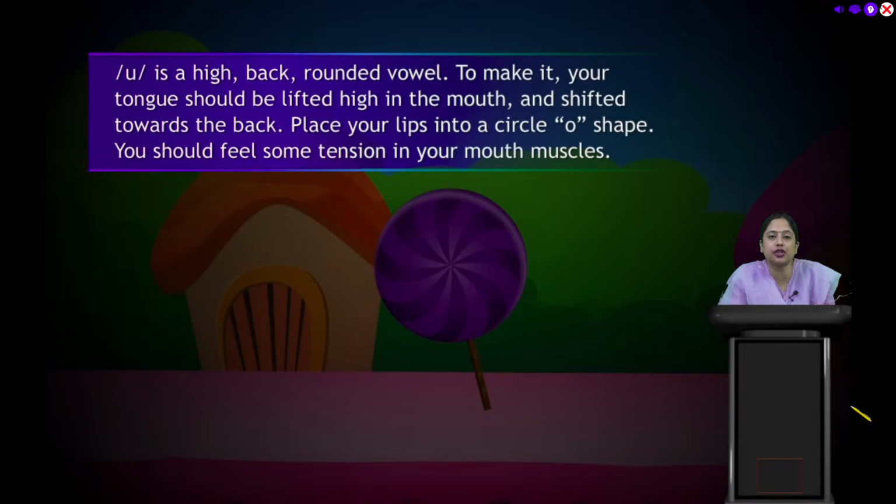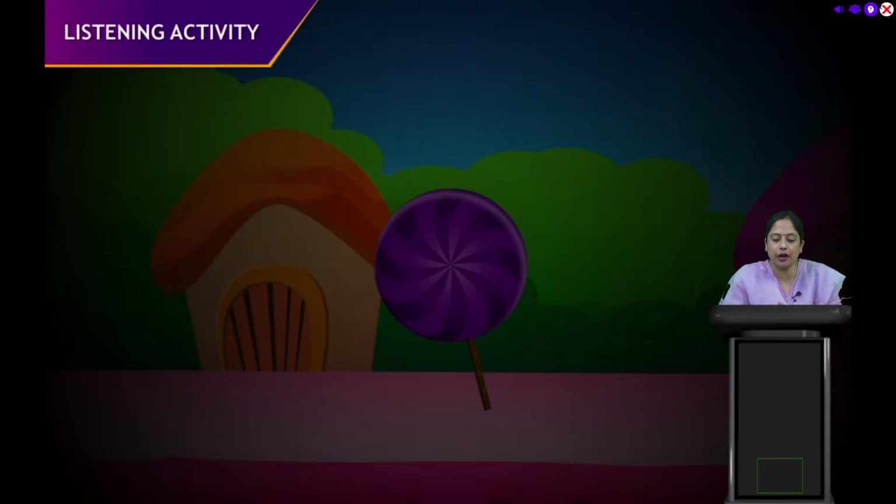Place your lips into a circle O shape, like this. You should feel some tension in your mouth muscles. So when you produce the sound of U, you should feel some tension here in your mouth muscles. You place your lips into a circle O shape. Okay? And that's how you produce the U sound.